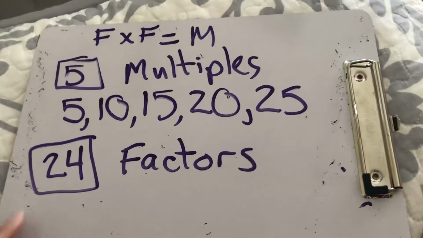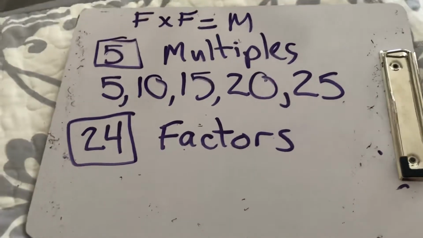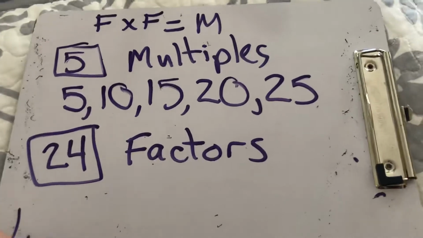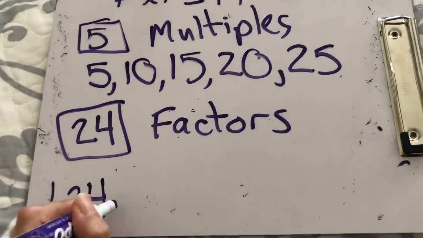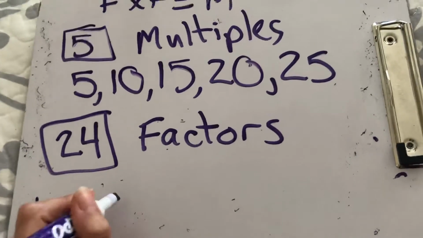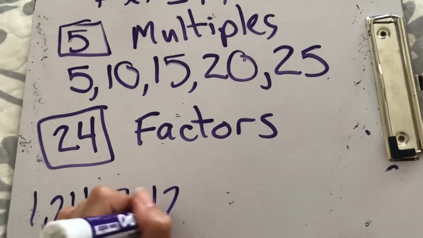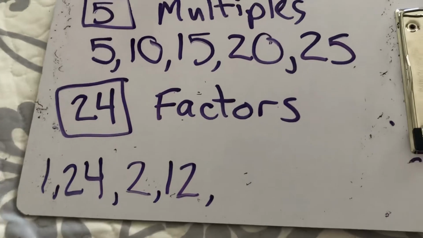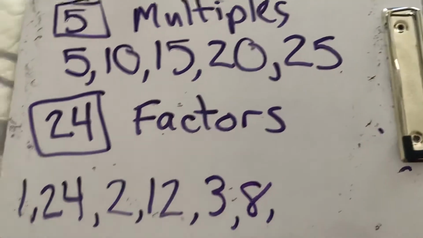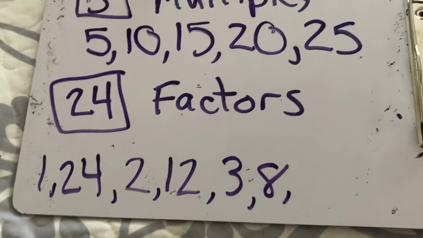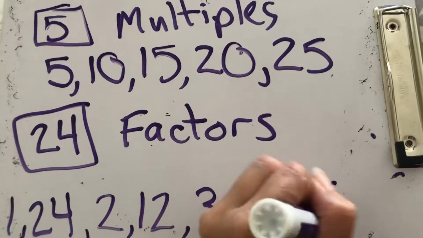So what I like to do is start with 1. 1 times what equals 24? Once I have that written down, I move to 2. 2 times what equals 24? Then I move to 3. 3 times what equals 24? Then I move to 4. 4 times what equals 24?